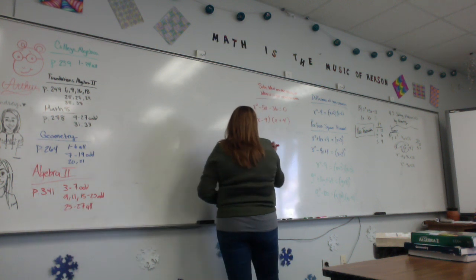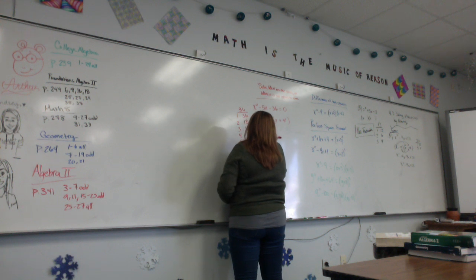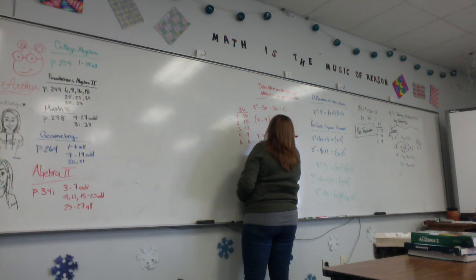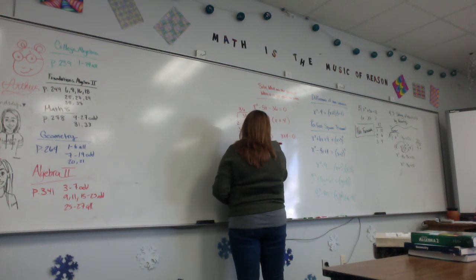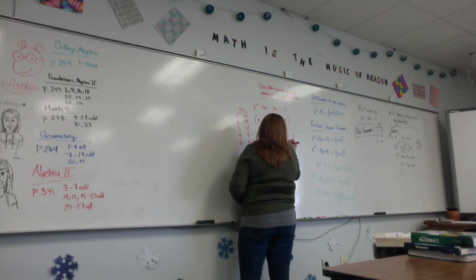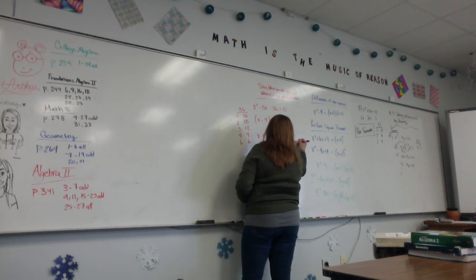The next step you do is you take each of these equations and you set them equal to 0, each of what you factored out. Okay? And you solve for x from there. So I add 9 to both sides. I get x equals 9, or I subtract 4 from both sides, and I get x equals negative 4.